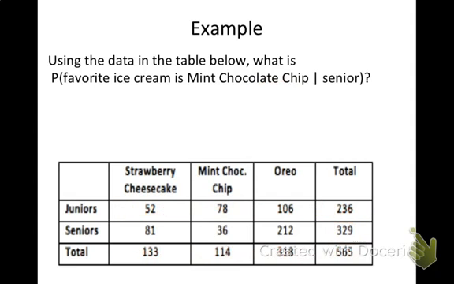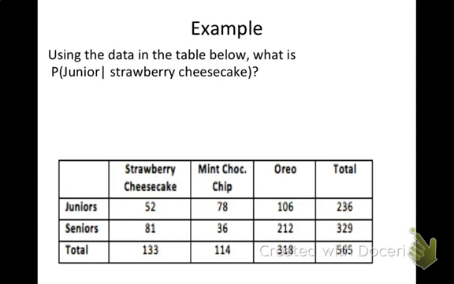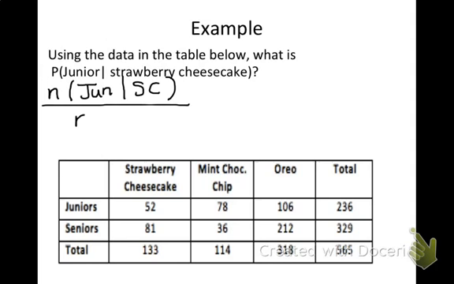Next one. This time, we want to find the probability that someone is a junior, given that their favorite ice cream is strawberry cheesecake. Since we're given the numbers and not the probability, we want to find the number of people who are juniors and like strawberry cheesecake, and we're going to divide that by the number of people in our given.